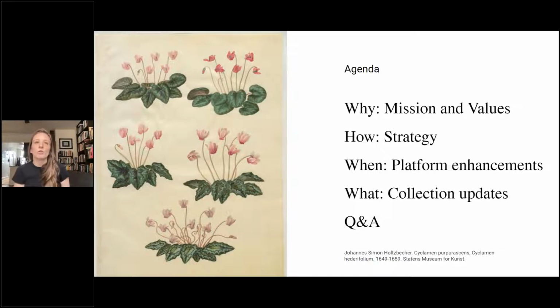Next, we'll give an overview of when we hope to deliver key platform enhancements, as well as give a recap of those we've made over the past year. Finally, last but absolutely not least, we will take a look at what has come to the platform over the last year in the form of new collections, and we'll also share some insight into our collection strategy going forward. Last, as I keep saying, we'll have some time for questions at the end.